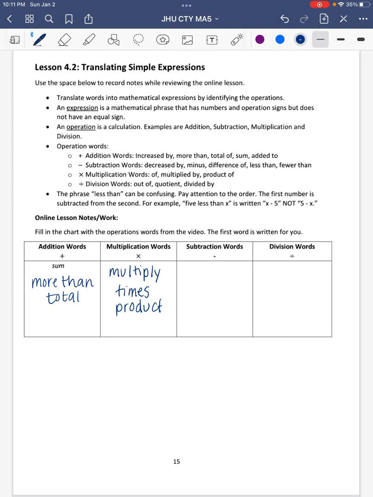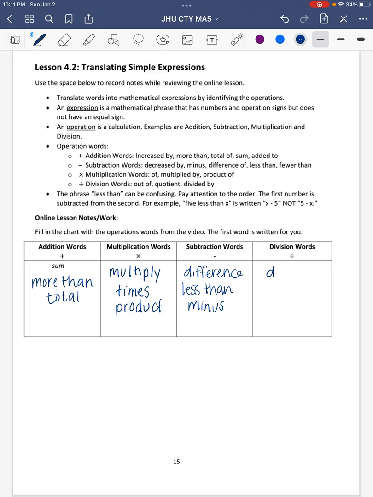Subtraction words, of course, subtract. Find the difference. Less than. Again, you do have to pay attention to the context of these words, though, and where the less than is being used. But generally, less than means to subtract. Minus. These are just some basic ones off the top of my head.